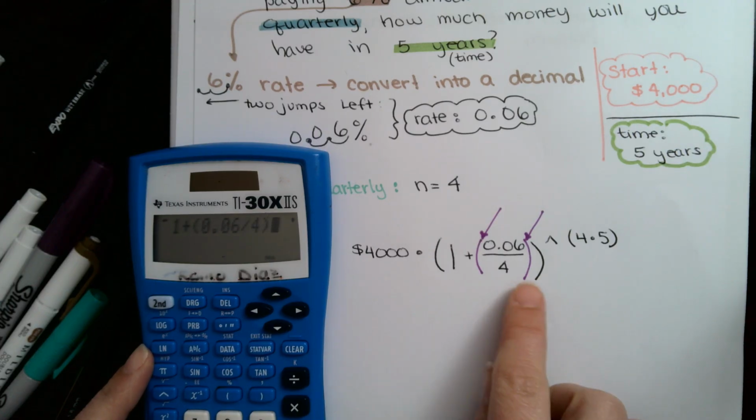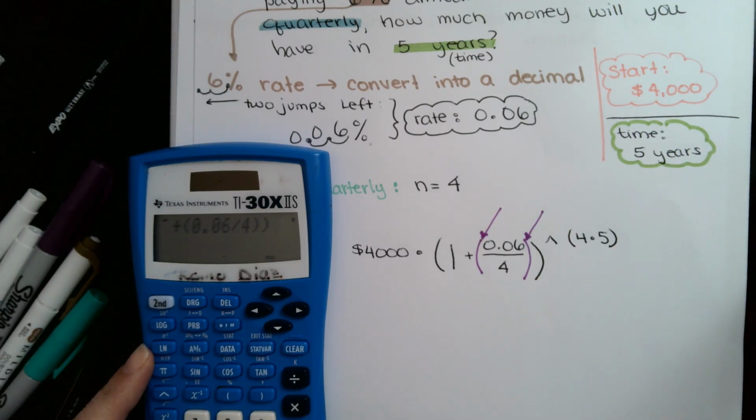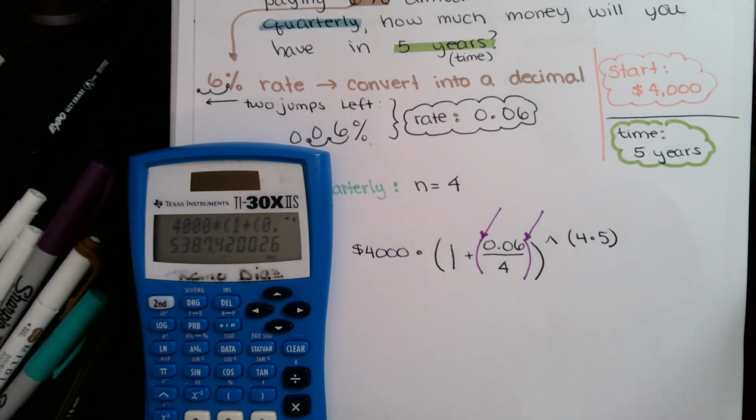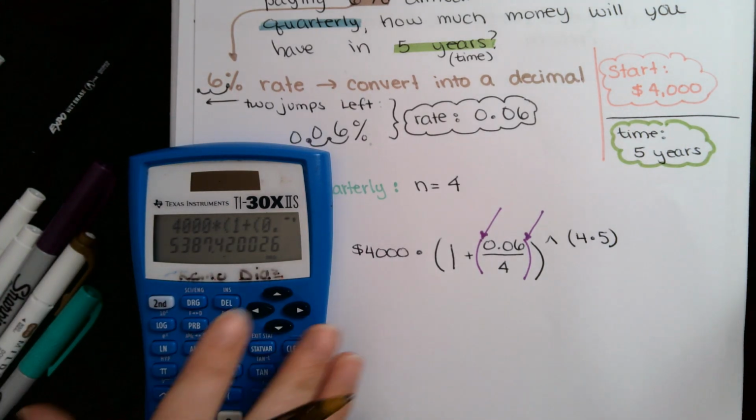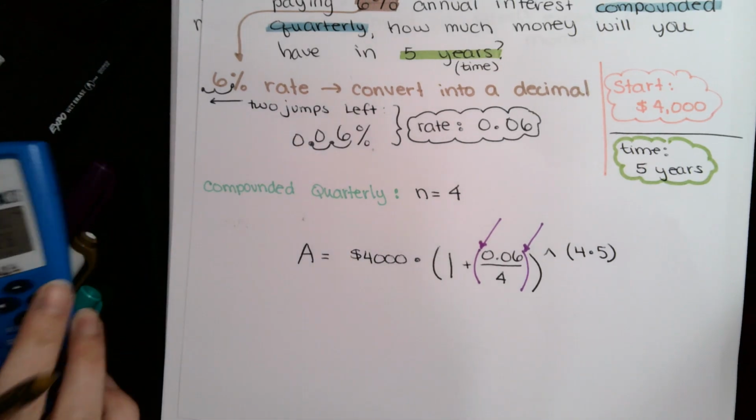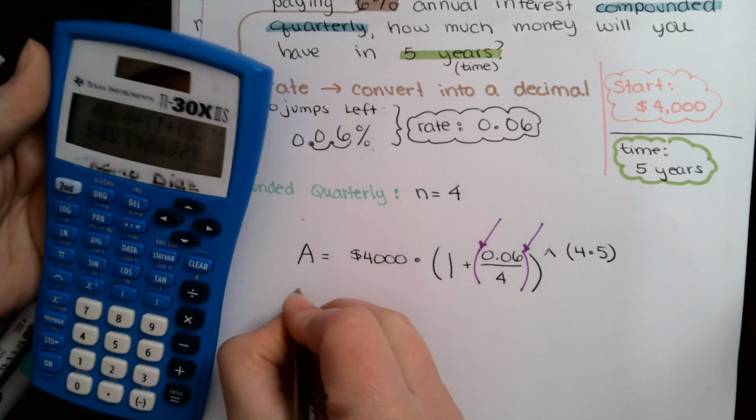Careful here. Close the purple, close the black. Then we got caret for the exponent. Another set of parentheses, 4 times 5. Close it. Enter. Okay. Now, when you get an answer, we actually want to write down everything that we see.